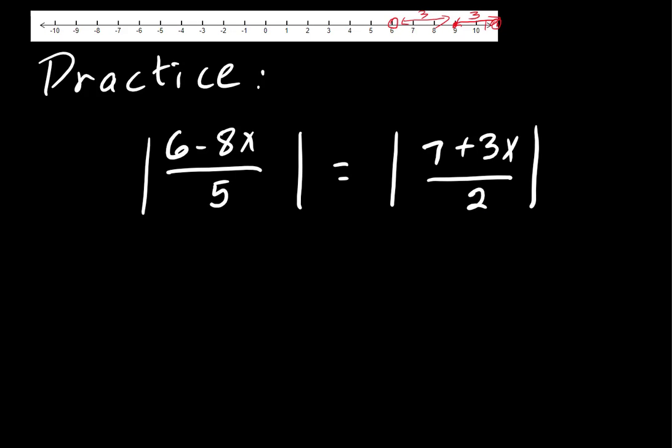This one is a little trickier, so what I'm going to say is, first, if we break the absolute value here, we say 6 minus 8x over 5 can have two values here.